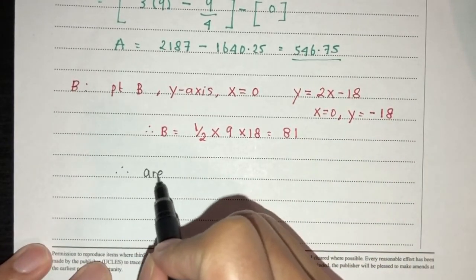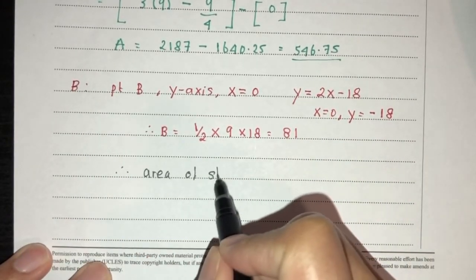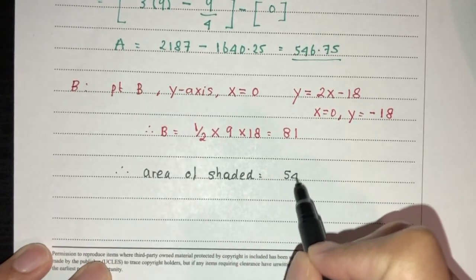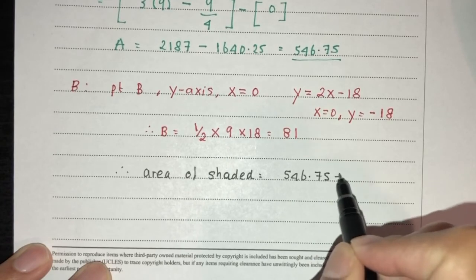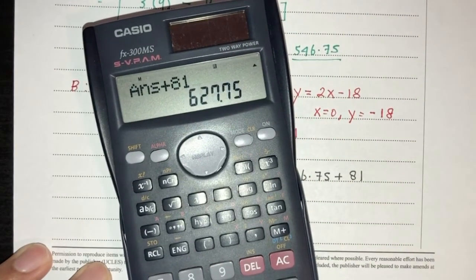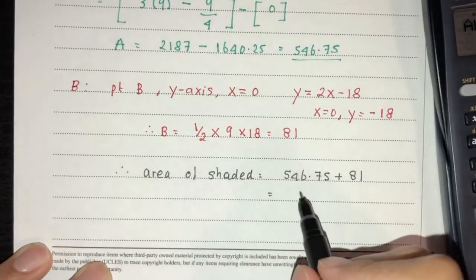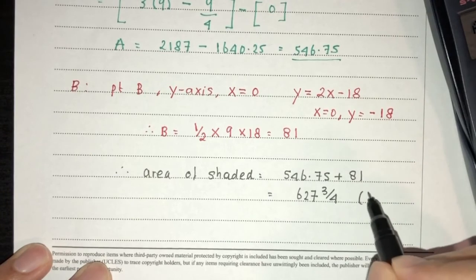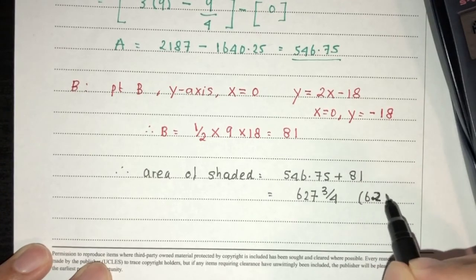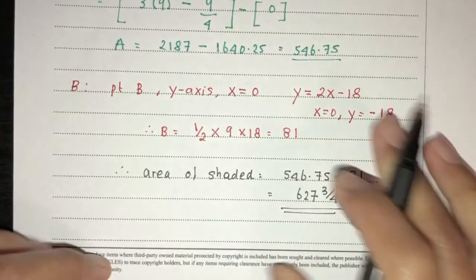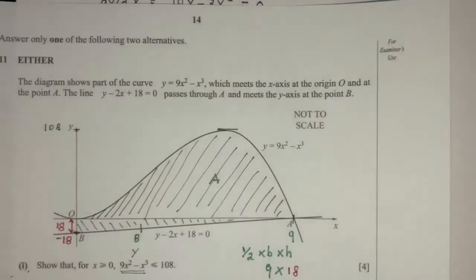Area of shaded region will be area of A plus area of B. That will be 546.75 plus 81, which should give you 627 3/4, or you can write 627.75 units square for the area of that region. So that will be for the first part.